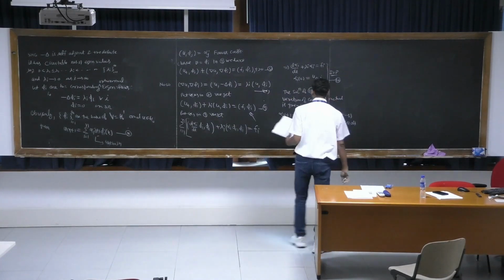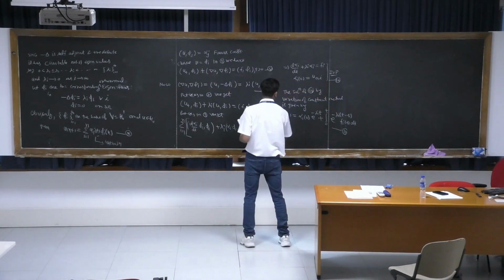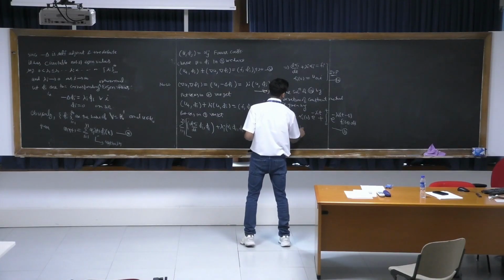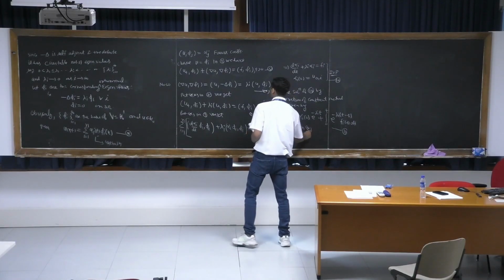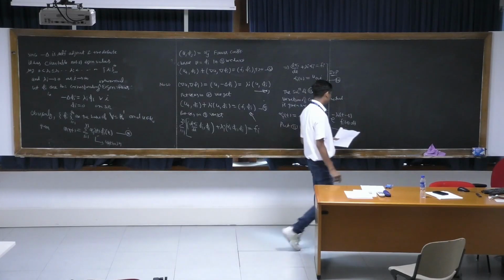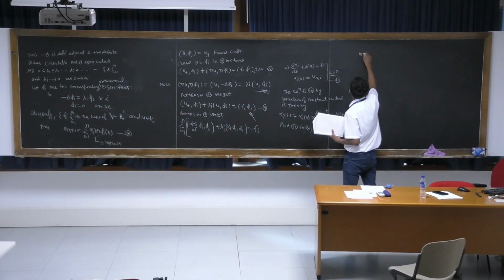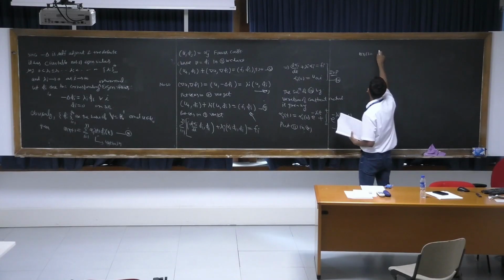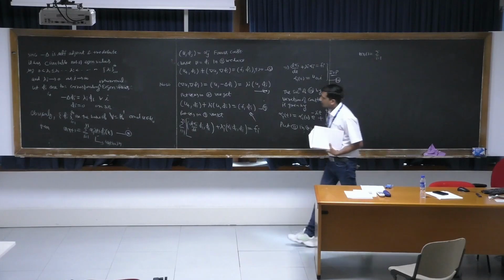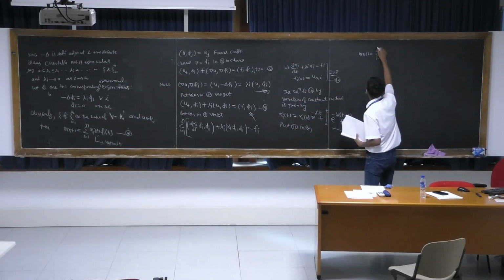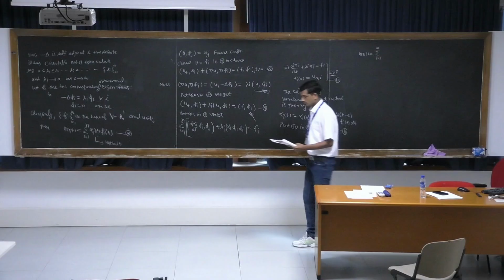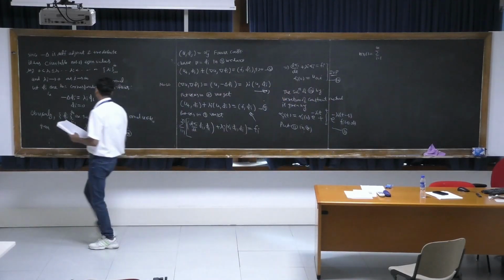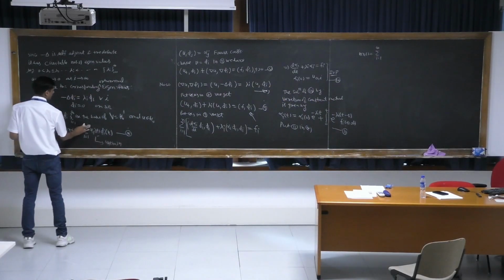Finally, if you put 11 in star, you can get the solution u of x, t equal to the summation over i equal to 1 to infinity, because these bases are infinite.